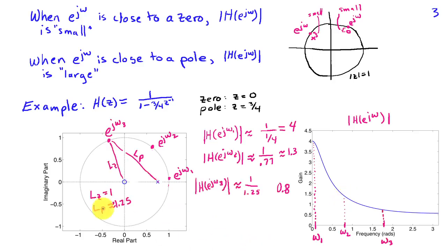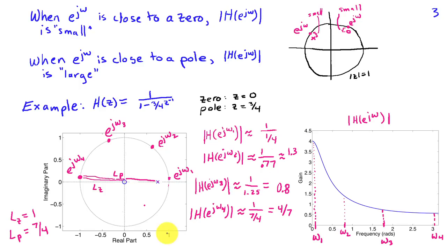Continuing, moving the frequency further, now out here at omega 3, we've got again the distance to the 0 is 1. The distance to the pole has gotten further, now it exceeds 1, and we'll suppose that it's about 1.25, in which case the magnitude of h of e to the j omega 3 is approximately 1 over 1.25, or about 0.8, and that's indeed what you see for omega 3, a little bigger than pi over 2 radians.